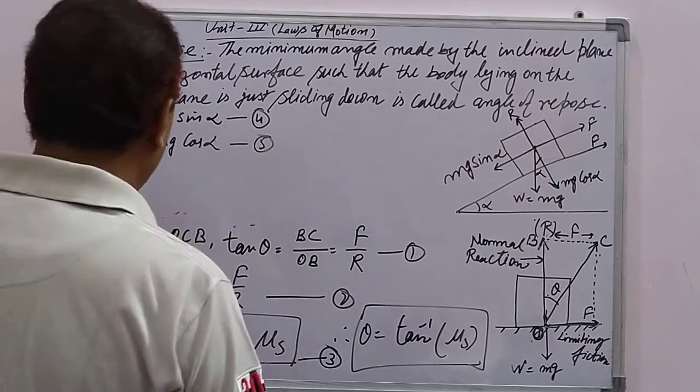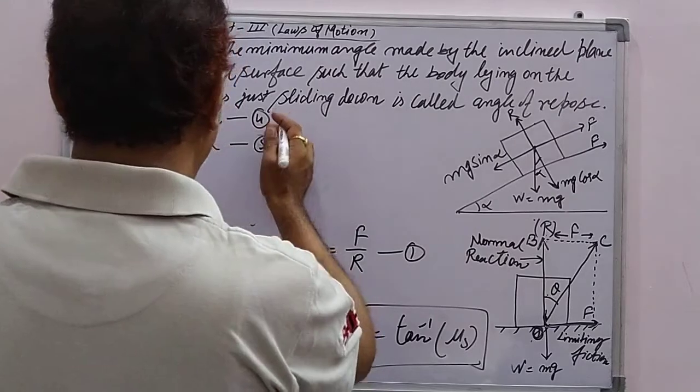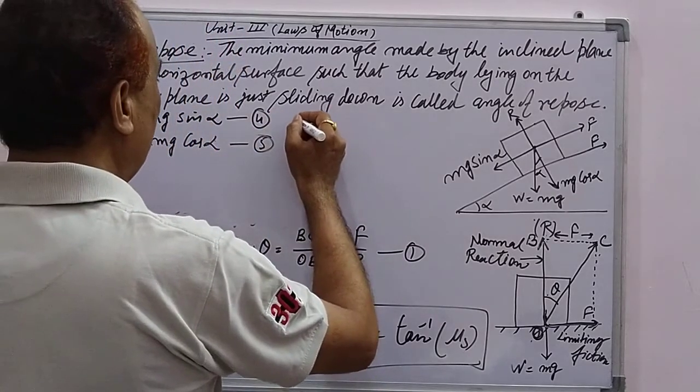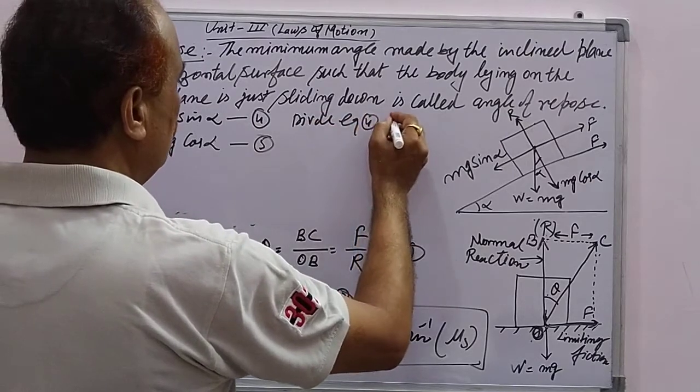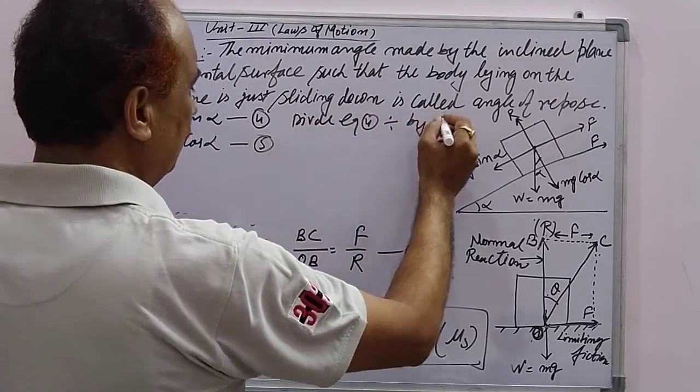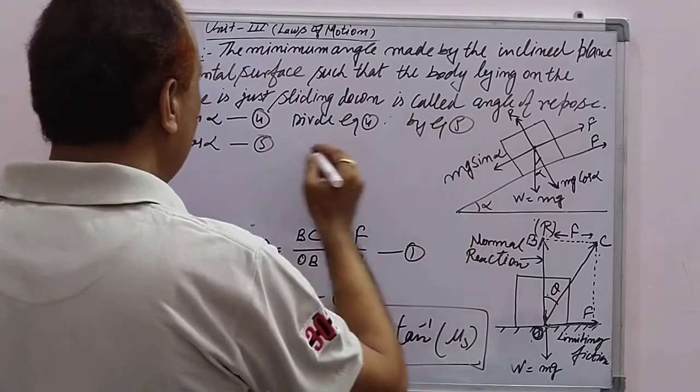This is equation number 5. To find the value of alpha, we divide equation 4 by equation 5.